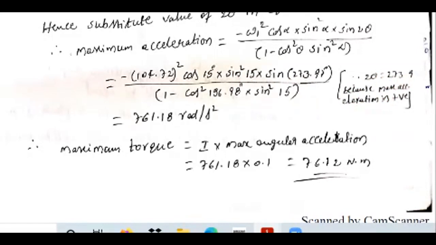So 2 theta is considered as 273 degrees and theta as 136 degrees. Substituting these values in the main equation, the acceleration is 761.18 radian per second square.